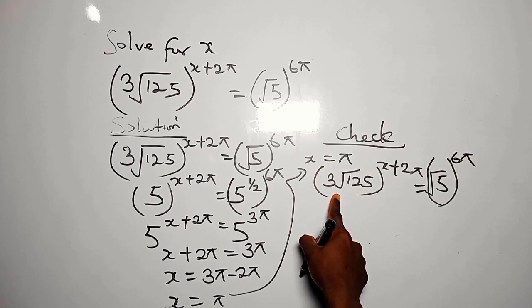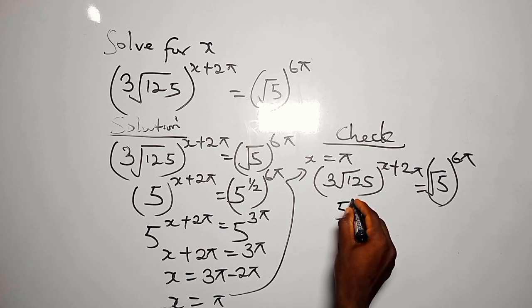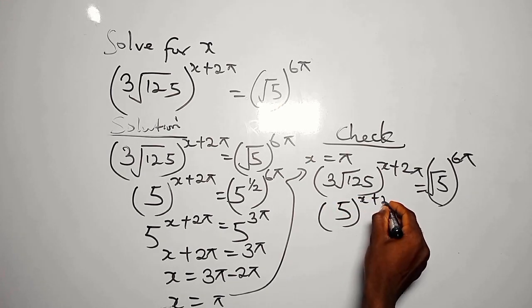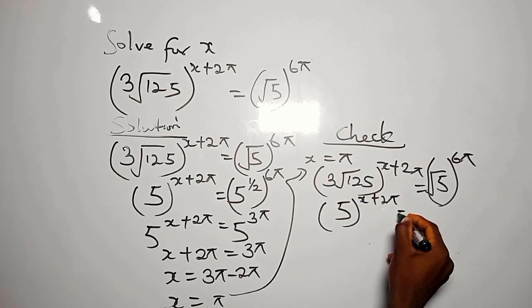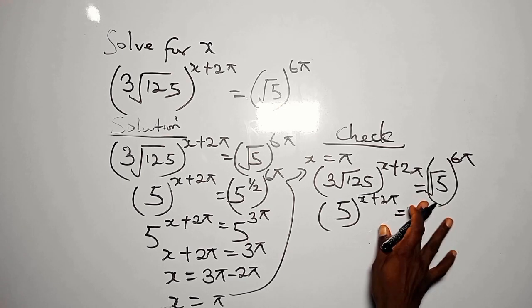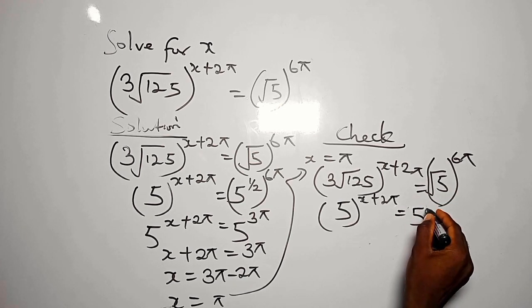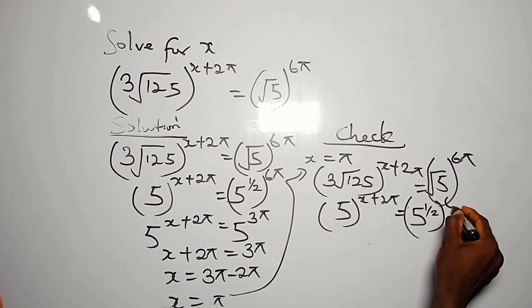The cube root of 125 is 5, raised to power x plus 2π, equals root 5, which is the same thing as 5 raised to power 1/2, raised to power 6π.